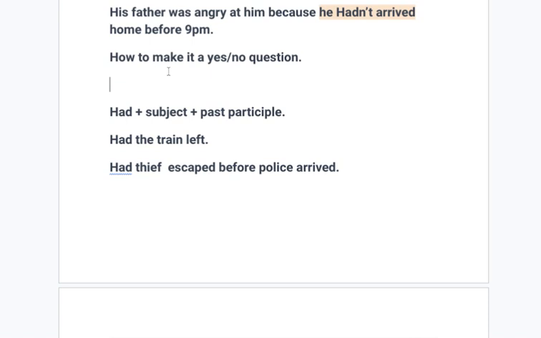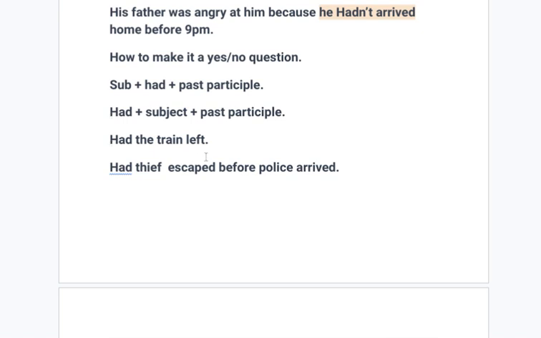First, there will be a subject and then had, and then a past participle. So this is the regular one, and this is the yes no question one. Now let me tell you the example of it.